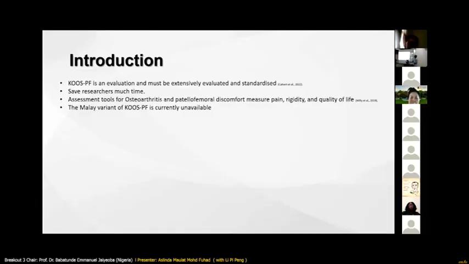As we all know, the AQoL PF is an evaluation that must be extensively evaluated and standardized, and it can save researchers much time. Assessment tools for osteoarthritis and patellofemoral discomfort measure pain, rigidity, and quality of life. The Malay version of the AQoL PF is currently unavailable, and at the moment it has only been translated into Spanish and Arabic.